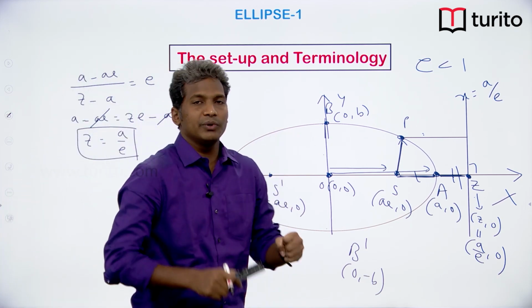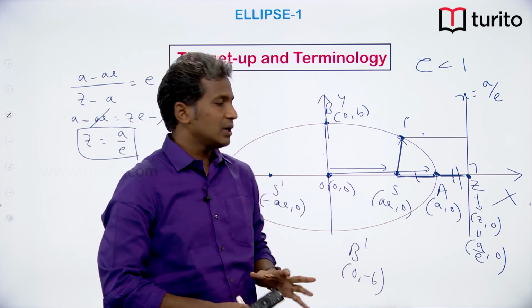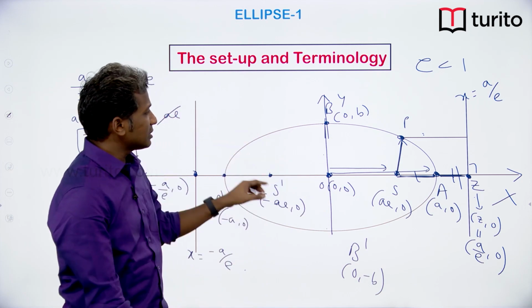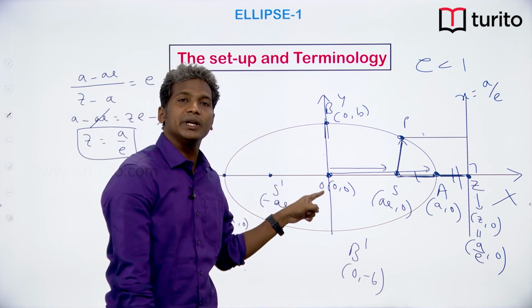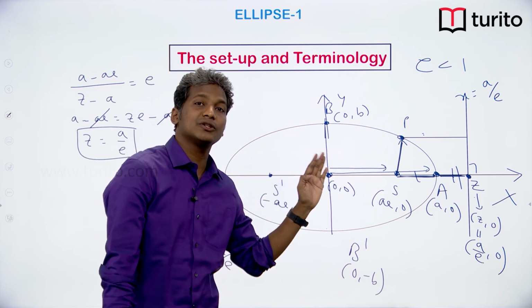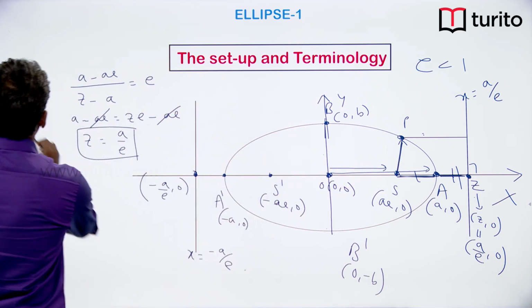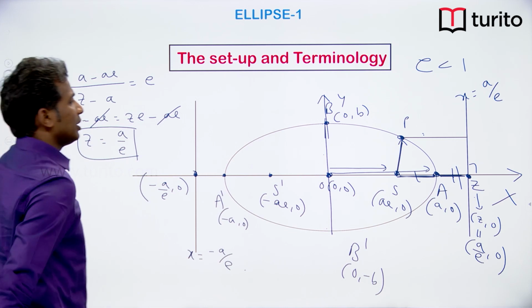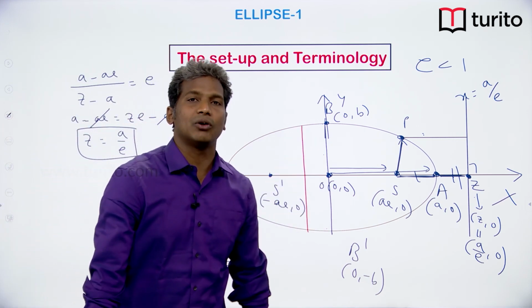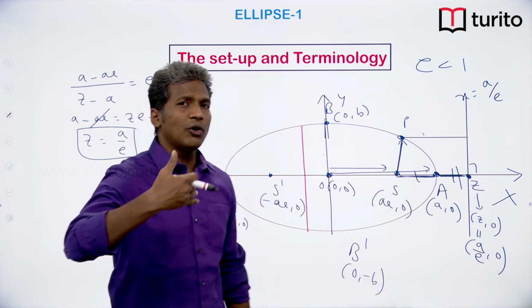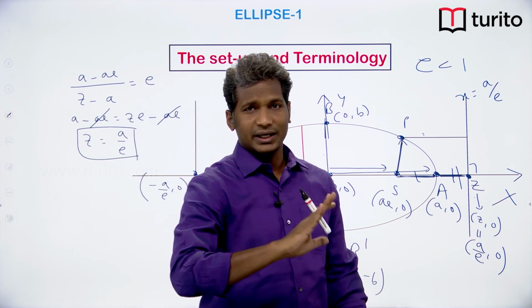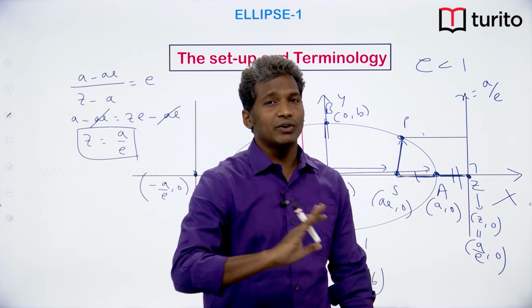Now, in this setup, before I go for the derivation of the equation, let me explain some terminology again. Because we have taken the origin to be the center, the major axis to be the x axis and the minor axis to be the y axis, the chords which are parallel to the y axis are called double ordinates. What is the meaning of ordinate? Ordinate is not the y coordinate.